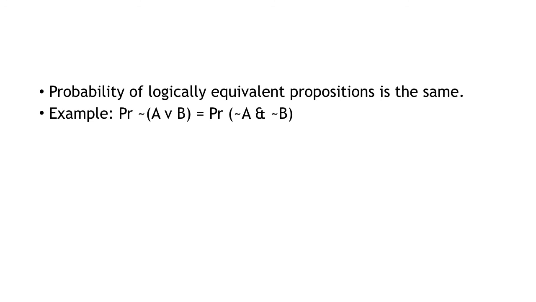So probability not A or B, you could use De Morgan's rules on that, and probability, not A or B is the same as not A and not B. So the probability of not A or B would be exactly the same as the probability of not A and not B, right? In deductive logic, the truth values of logically equivalent propositions are always going to be the same, always going to have the same truth value on the truth table. In inductive logic, the probabilities are going to be the same.